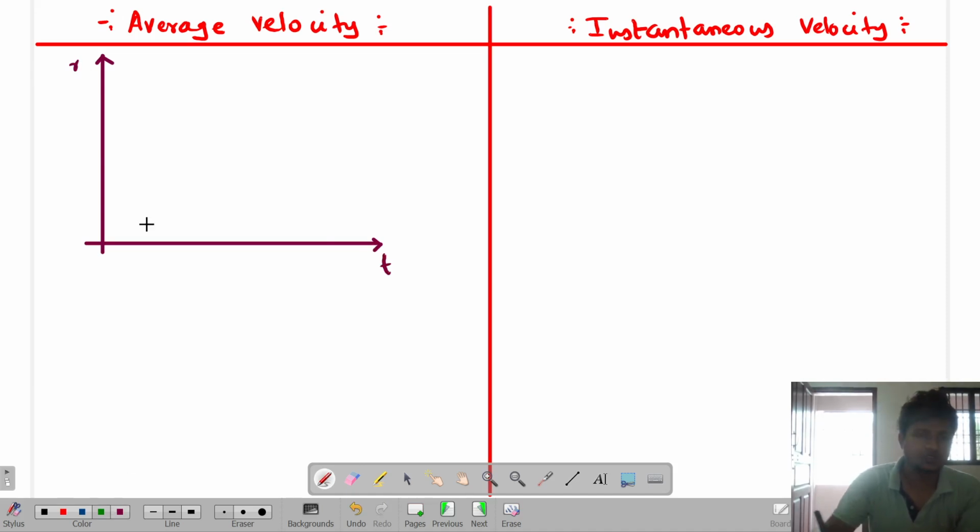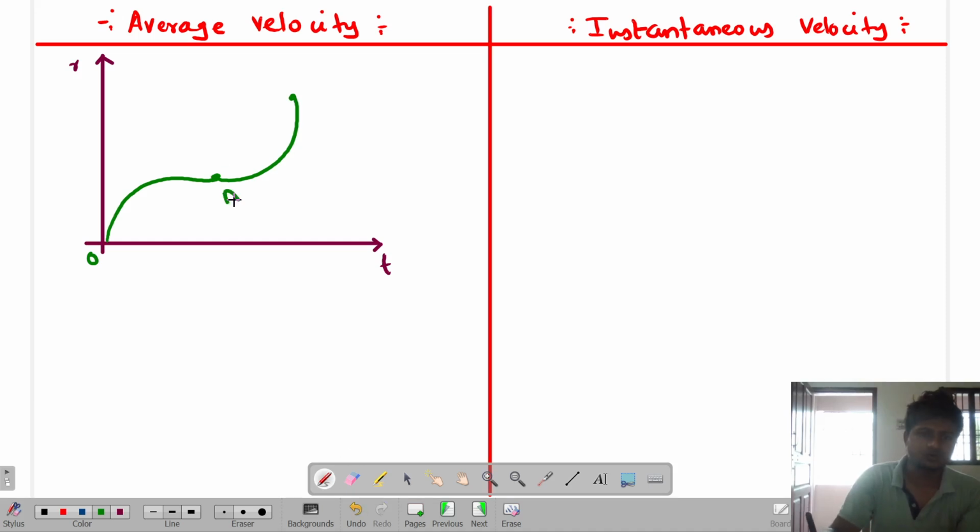It means the particle traces a curve first from here to here. Then it goes this way, or let us select that it is a discontinuous curve. Got it. So this is origin O, this is point A, and this is point B.